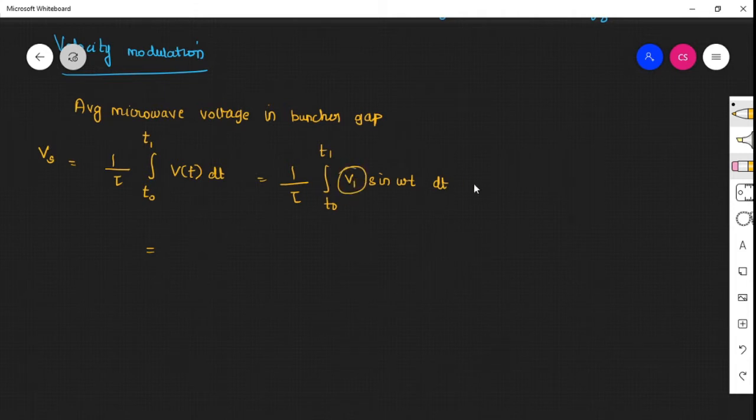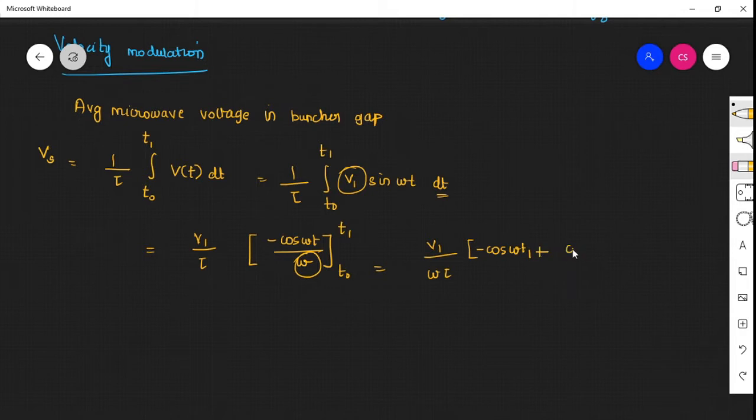Let me take V1 outside because integration is with respect to time. So it is V1 by tau, integrating sin omega t gives minus cos omega t divided by omega, with lower limit T0 and upper limit T1. Omega is once again a constant value, so let me take it outside. So it is V1 by omega tau times minus cos of omega T1, the upper limit, minus, again there's a minus here, so minus of minus becomes plus the lower limit value, cos of omega T0.